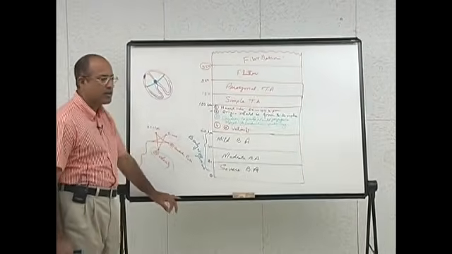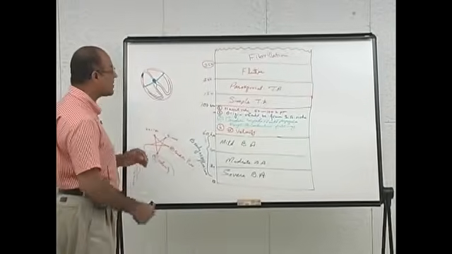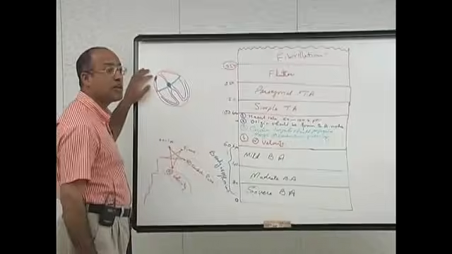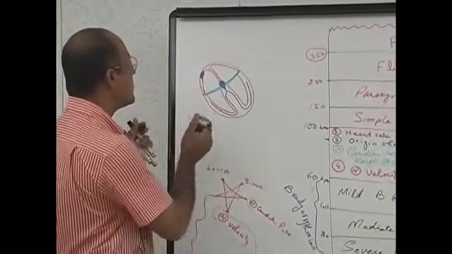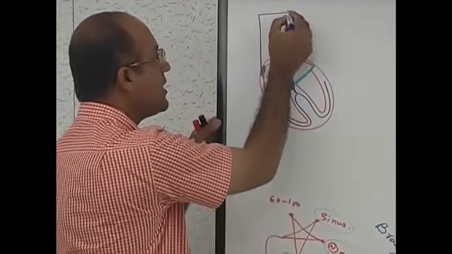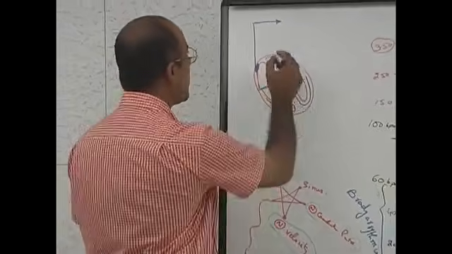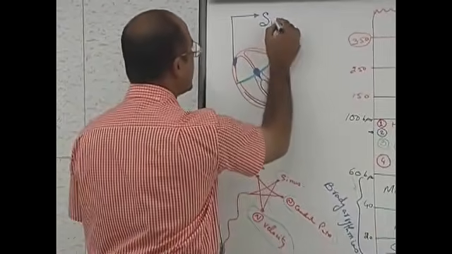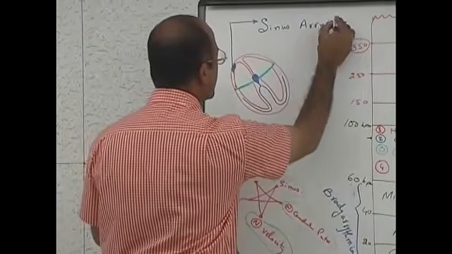The second way to classify abnormal cardiac rhythm is according to the main site where the abnormal rhythms are generated. For example, any abnormal rhythms coming from the SA node we call sinus arrhythmias.